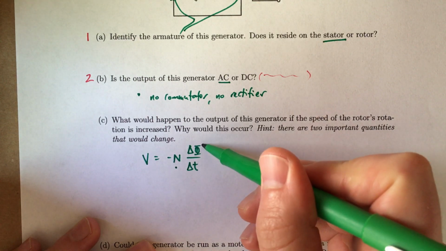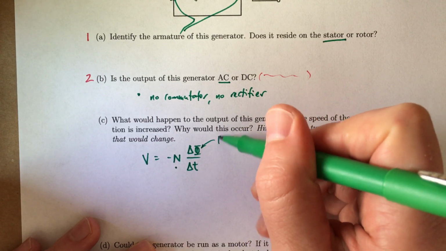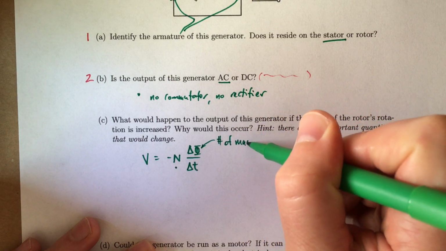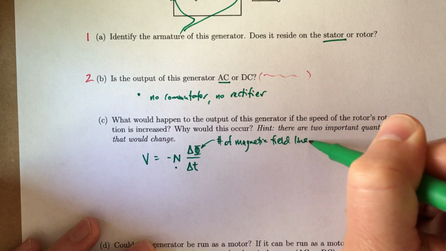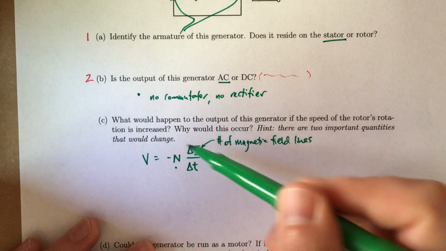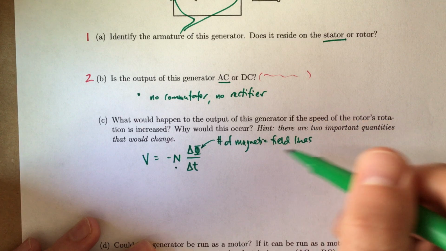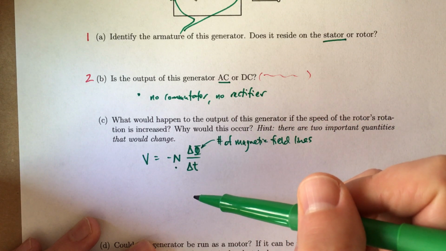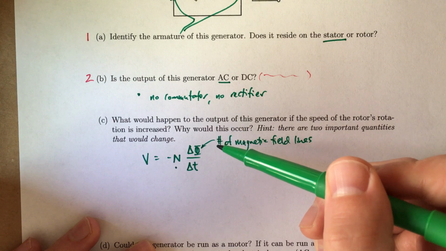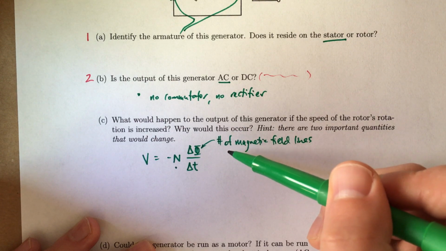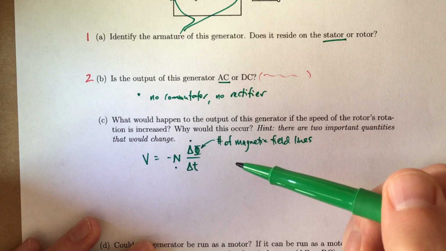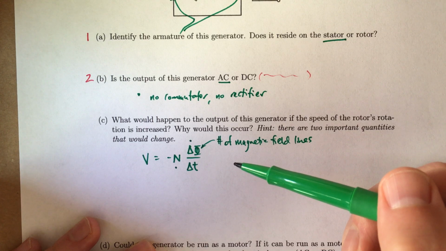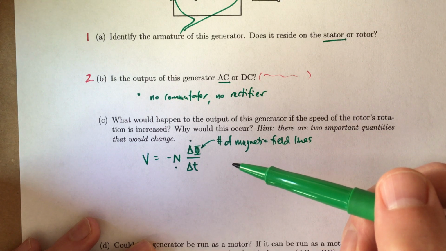But remember that this is the change in magnetic flux, or the number of magnetic field lines, over change in time. Well, if we're spinning things faster, we're not actually changing the absolute number of magnetic field lines, but we are changing how quickly those magnetic field lines are moving. And so in the same period of time, we're changing the number of field lines in a larger way.